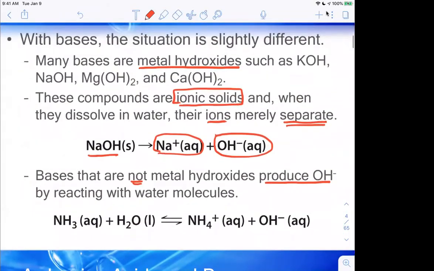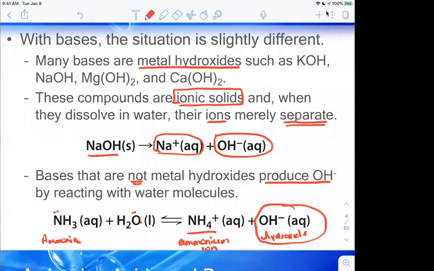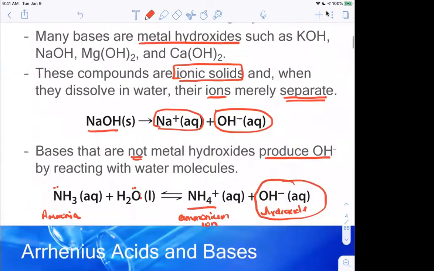is when I have ammonia, I will react with the water, and what I end up with is my ammonium ion and my hydroxide. Because this hydroxide is produced in water, it's also considered an Arrhenius base.